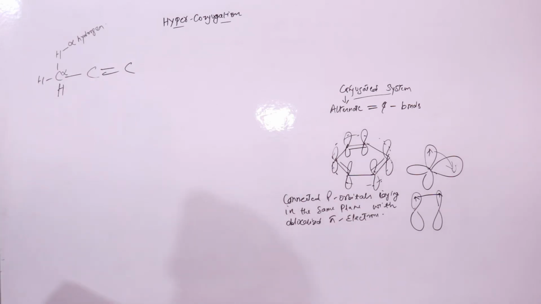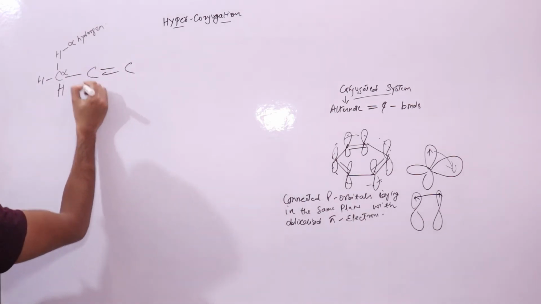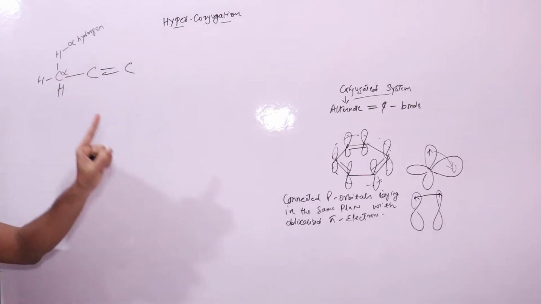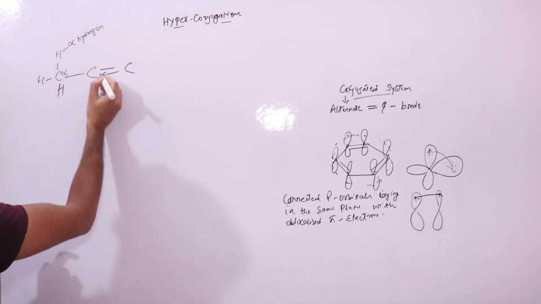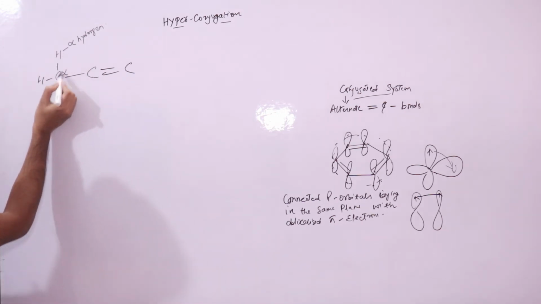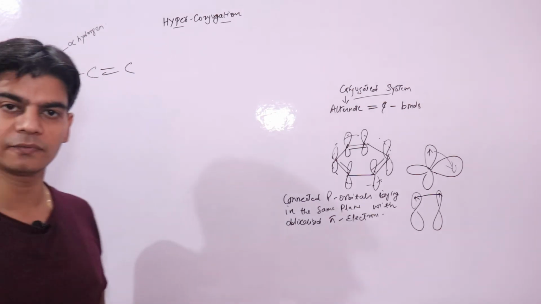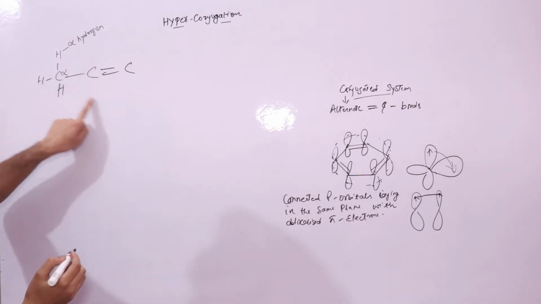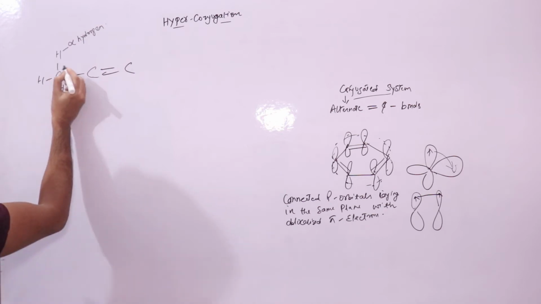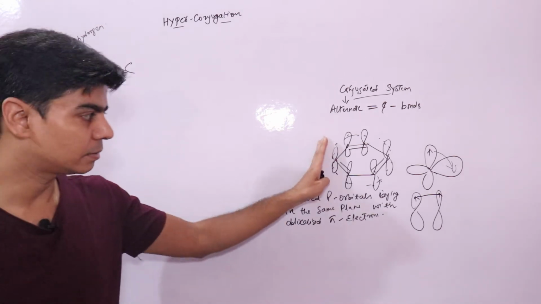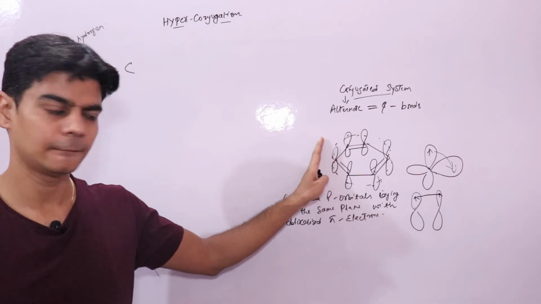Here you have a double bond, so this is an unsaturated system, and the alpha carbon atom is the carbon atom next to the carbon atom of the double bond. Hydrogens connected to this alpha carbon atom are your alpha hydrogens. Now when adjacent to this double bond you have a carbon hydrogen bond, then a similar effect is seen.